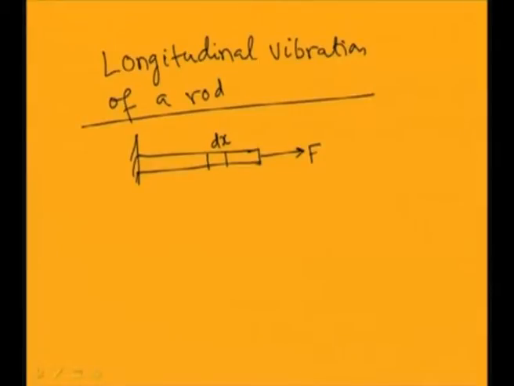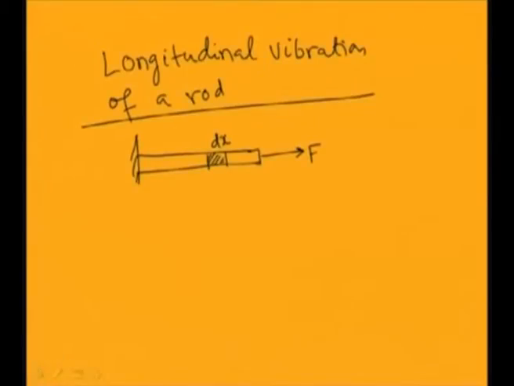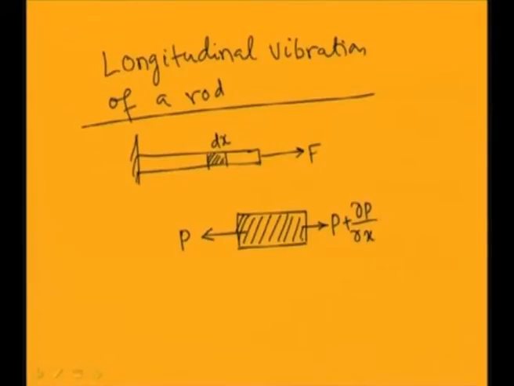So let me take the small element dx, which is at a distance x from the fixed end. So in this case I can write the forces acting like this. This is the small elemental length and the forces acting are, on this side let me apply the force P, and on this side the force will be P plus del P by del x into dx.